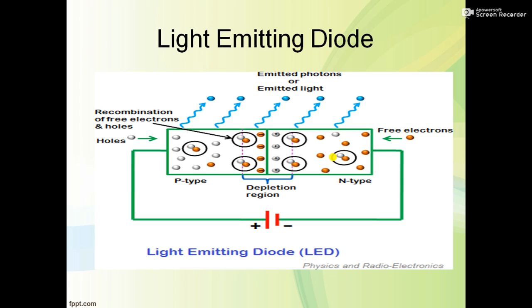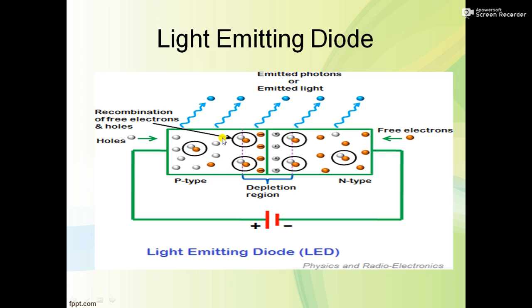Okay. So after that, as the electron hole pairs are generated in the P type and N type semiconductor material, light is emitted.